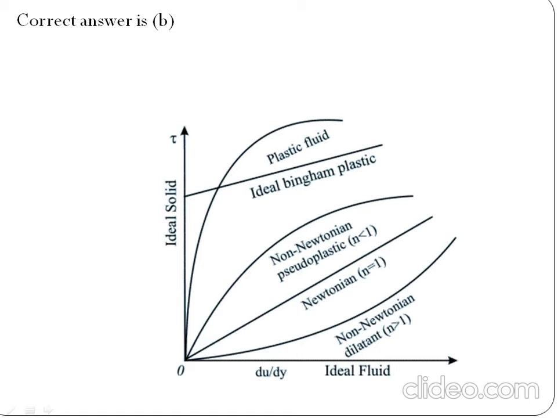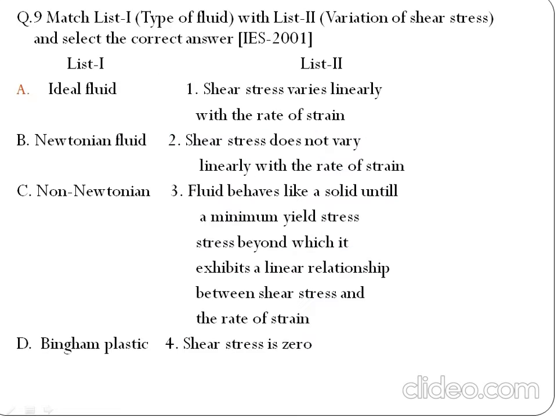Question 9. Match list 1 type of fluid with list 2 variation of shear stress and select the correct answer. List 1: ideal fluid, Newtonian fluid, non-Newtonian fluid and Bingham plastic fluid. List 2: first, shear stress varies linearly with rate of strain. Second, shear stress does not vary linearly with rate of strain.